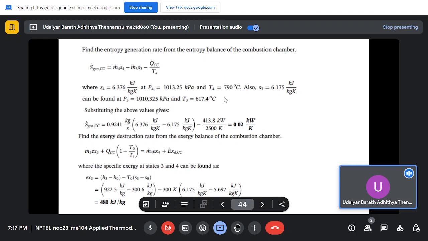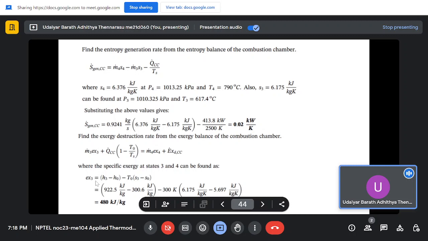Next is to find out the exergy destroyed. So we'll do an exergy balance across the combustion chamber. m dot 3 x3 is exergy coming in, and Q dot c into (1 minus T naught by Ts) is exergy coming in through heat, and m dot 4 x4 is exergy going out, and some exergy is destroyed.